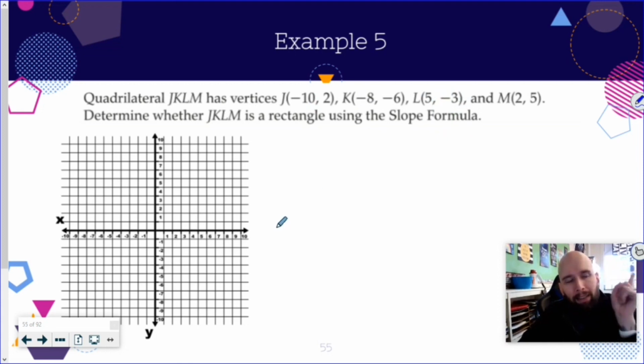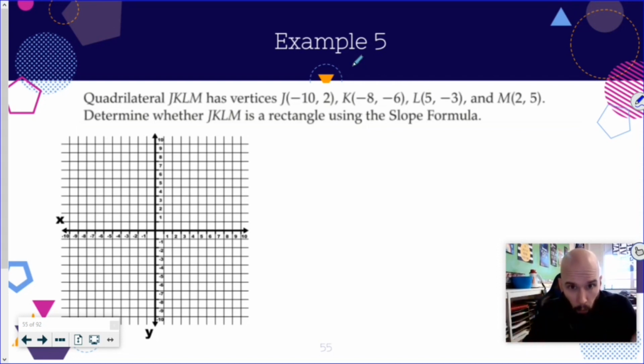Now, if it's a rectangle, 2 sides have to be parallel. Another pair of 2 sides have to be parallel, which means the slopes of parallel sides are the same. But not only do we need that, we need to determine if they're perpendicular.